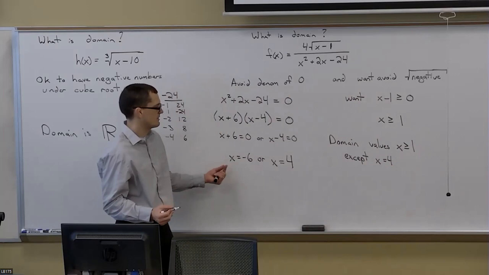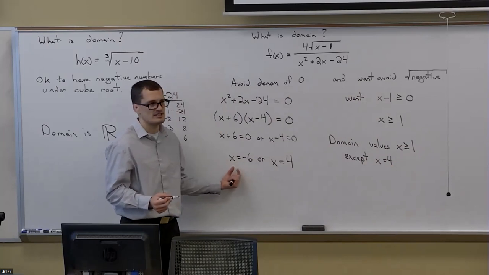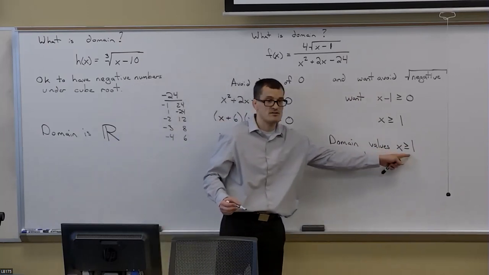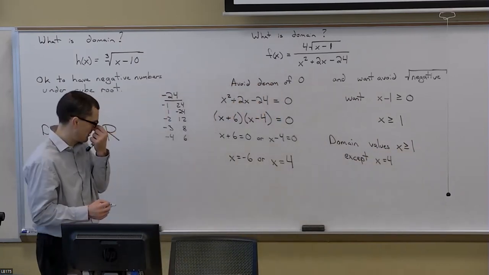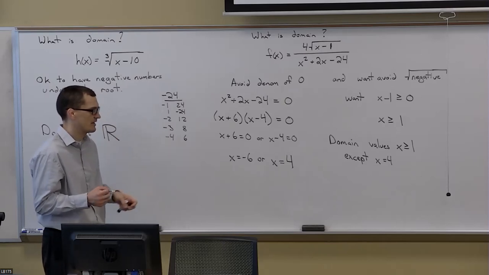And I could say and when x is equal to -6, but the -6 is already taken care of by that. So I don't have to rewrite except also -6, because that's already taken care of.